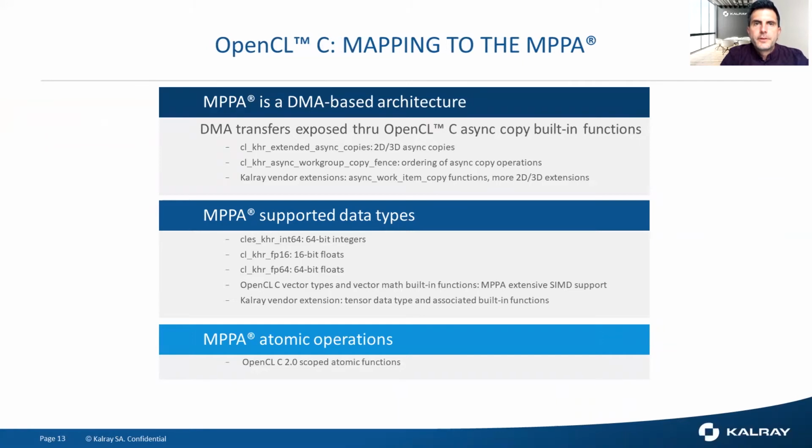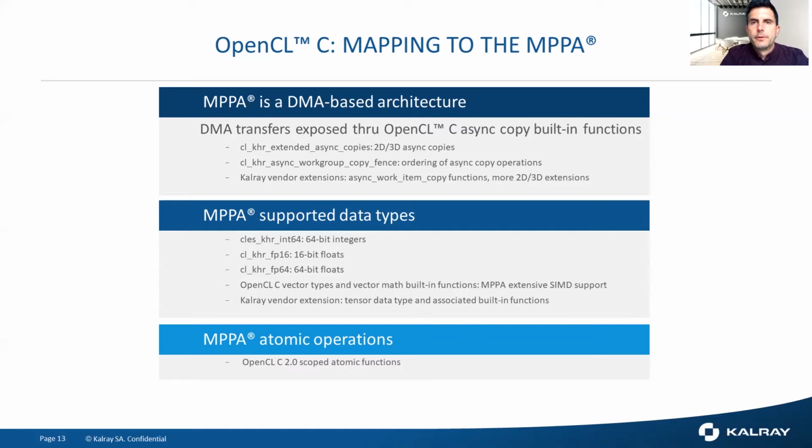And to finish this mapping of the different OpenCL features on the MPPA, let's go now to the OpenCL features. As I said, the MPPA is a DMA-based architecture. So to expose the DMA transfers that are possible on the MPPA, we use the OpenCL async copy built-in functions.